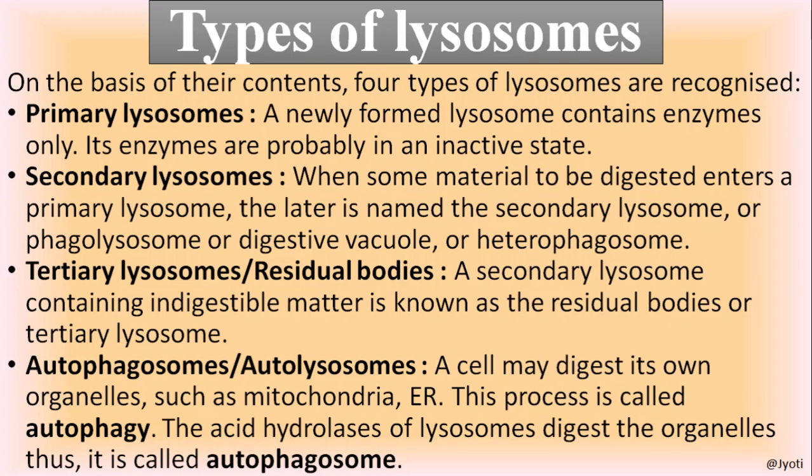That form of lysosome which digests its own cell organelles is called autophagosome or autolysosome. This process of digesting the organelles of its own cell is called autophagy, and the structure is called autophagosome.